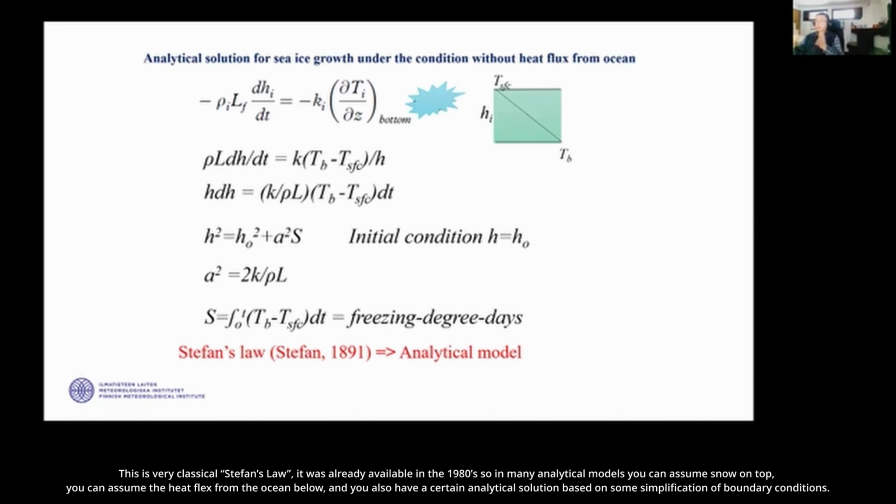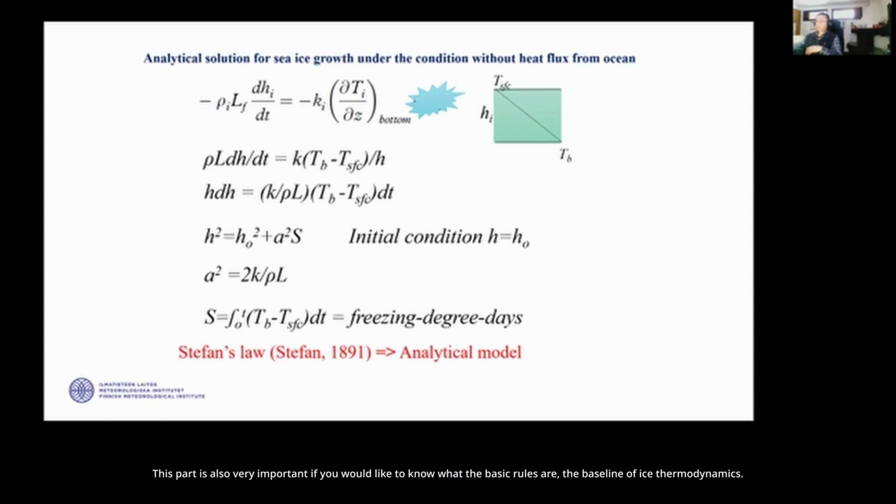So with many analytical models, you can assume snow on top. You can assume the heat flux from the ocean below, and you can also derive a certain analytical solution based on some simplification of the boundary condition.